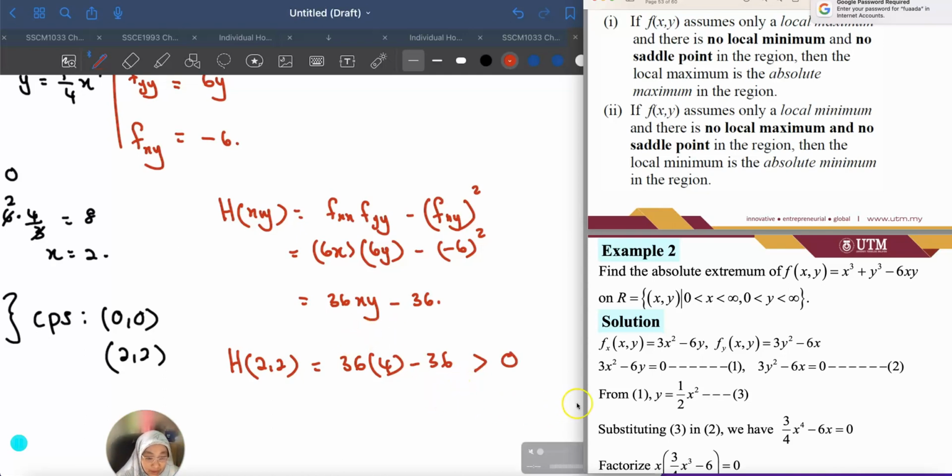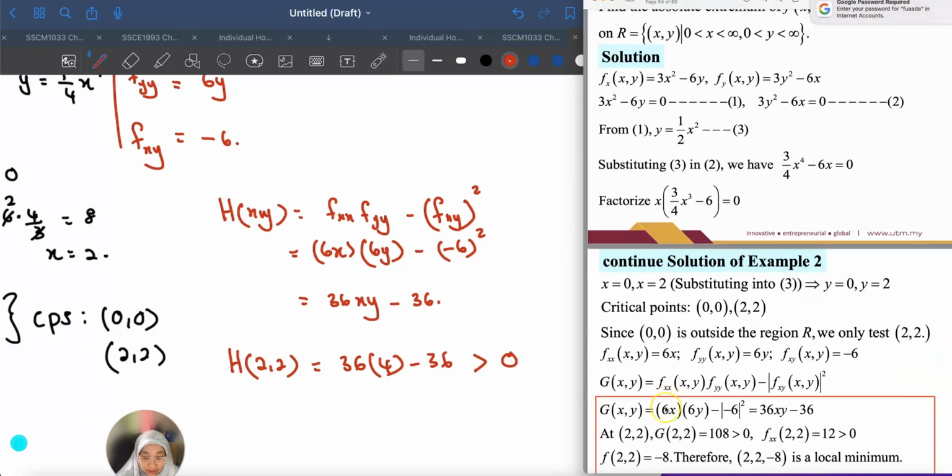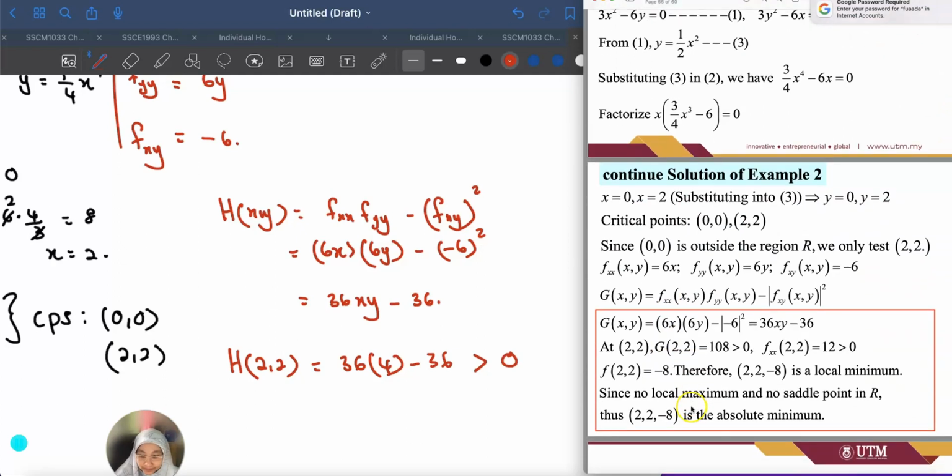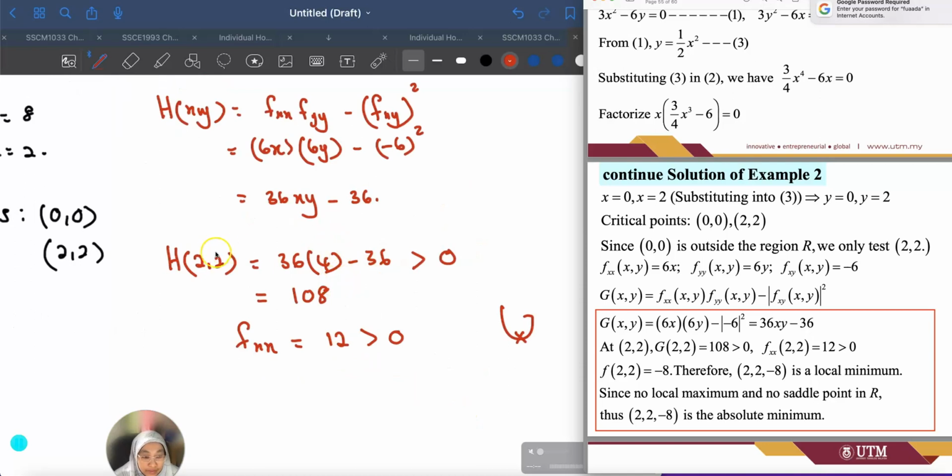Okay, so positive means that you can have max or min. If your G or H is positive, there are two possibilities, either max or min. To know whether it is max or min, you have to find out the value of fxx.